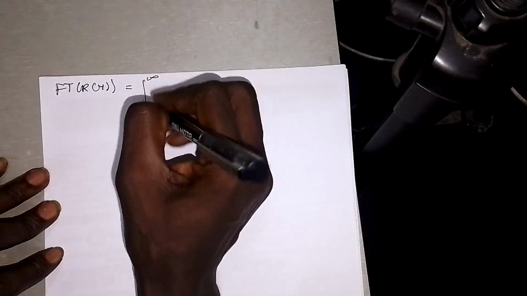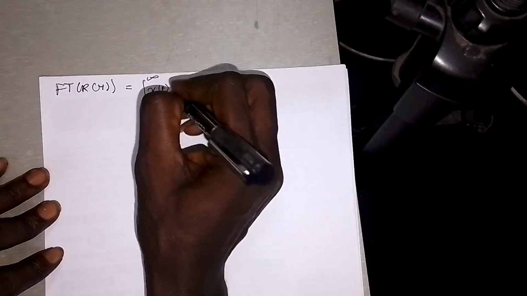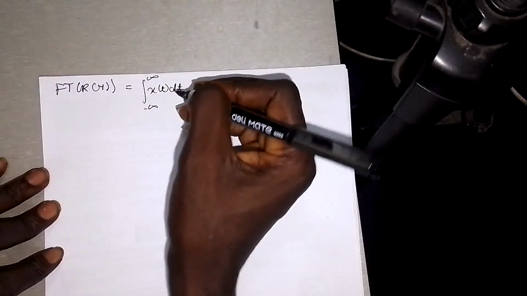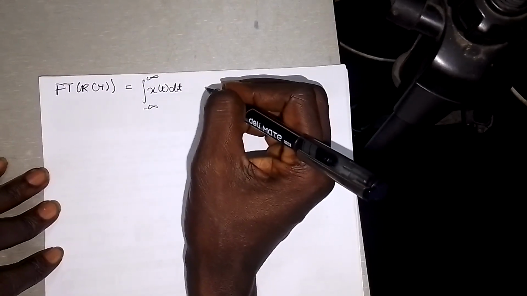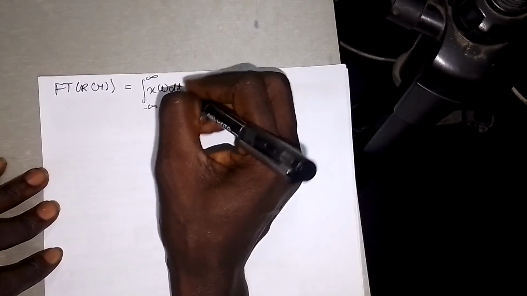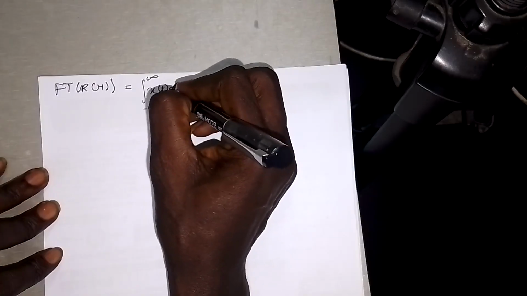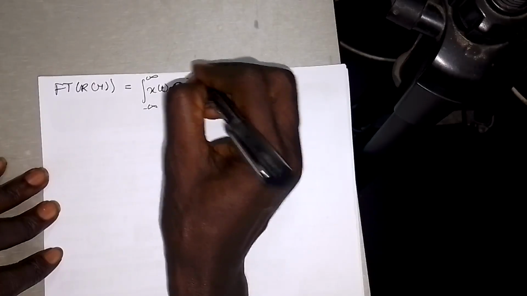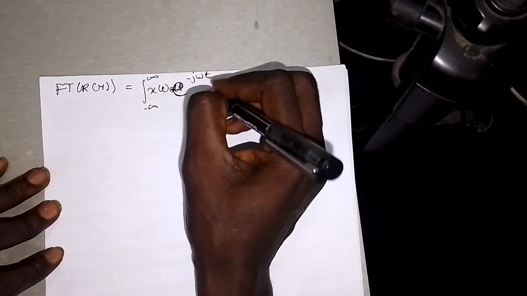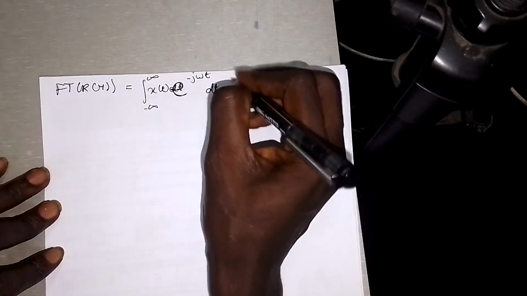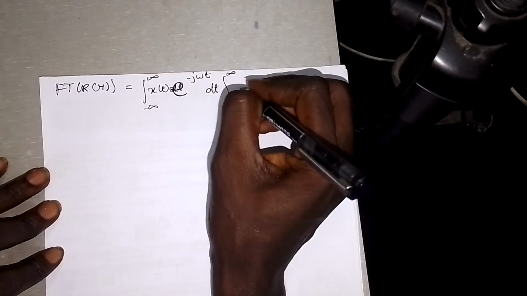So the integral from minus infinity to infinity of x(t) dt. Sorry, let me not bring a t like that. Let me bring it here: e^(-jωt) dt. And then here it will be minus infinity to infinity.